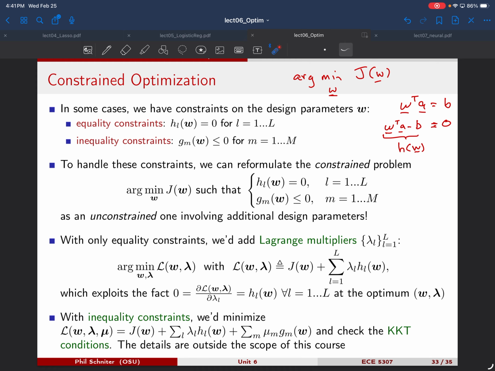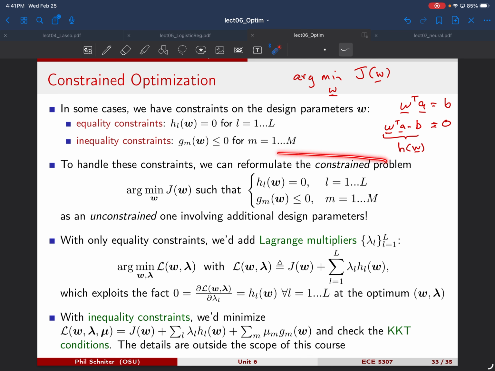Now, some problems also have inequality constraints, which you can also write relative to 0 for the same reason. You just massage them until you have 0 on one side. For these kinds of problems, there's a really elegant way to solve them.